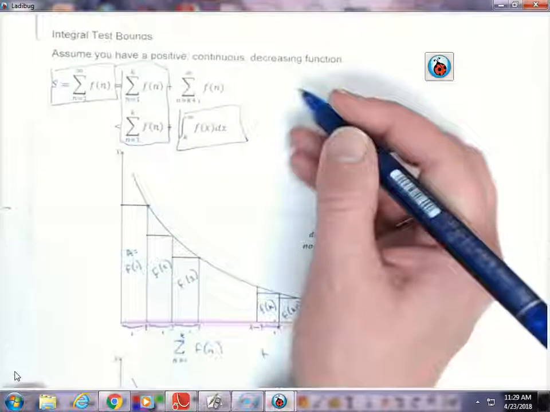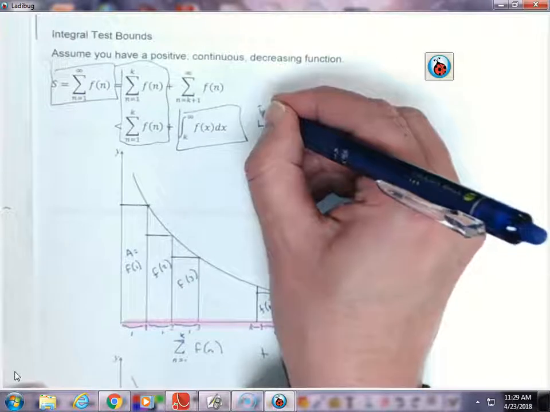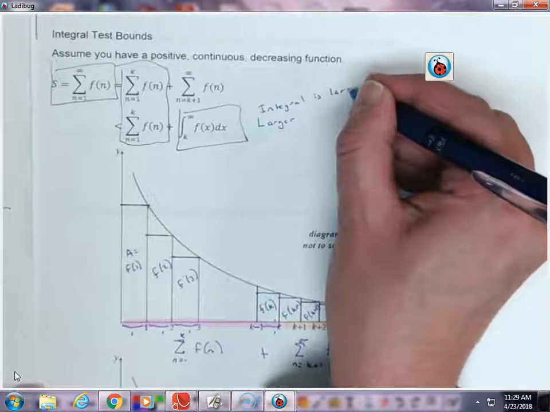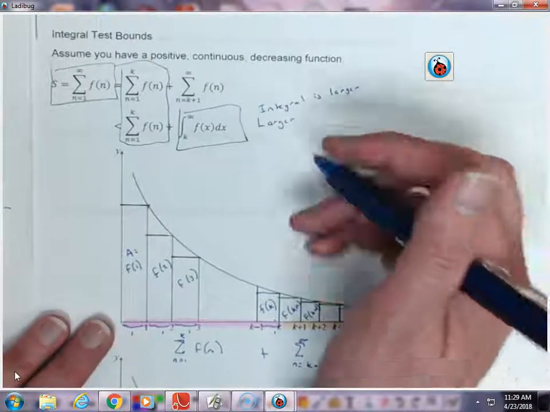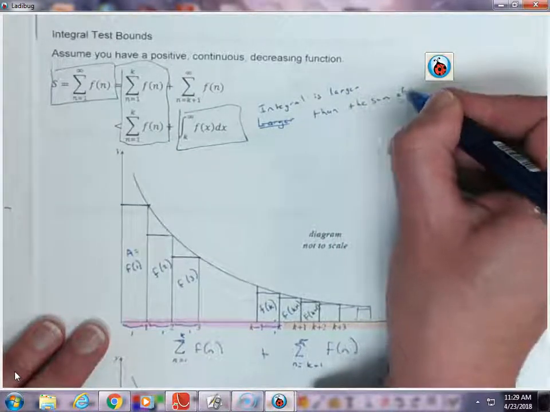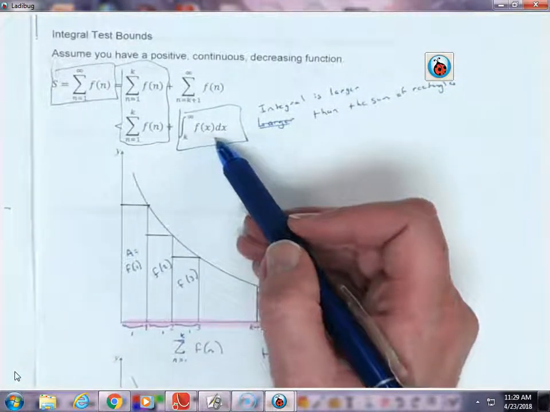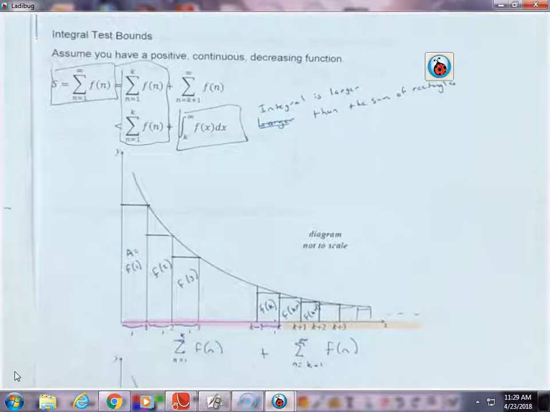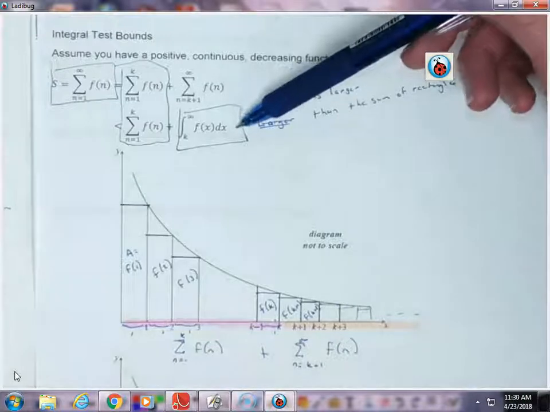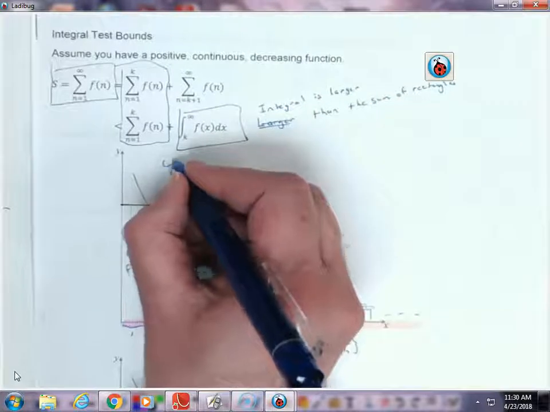So the integral is larger than the sum of the rectangles, and we now have this as our upper bound. When we find this infinite sum, it won't be greater than this. We now have a nice upper bound.